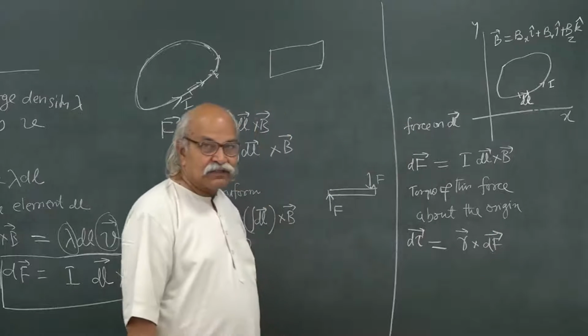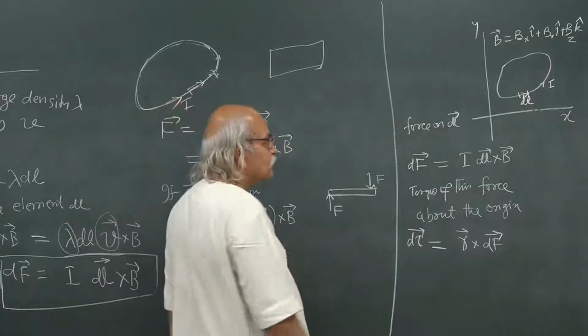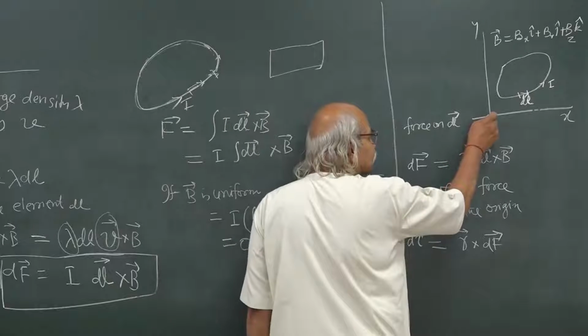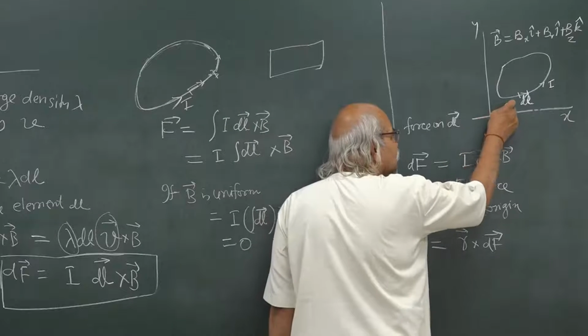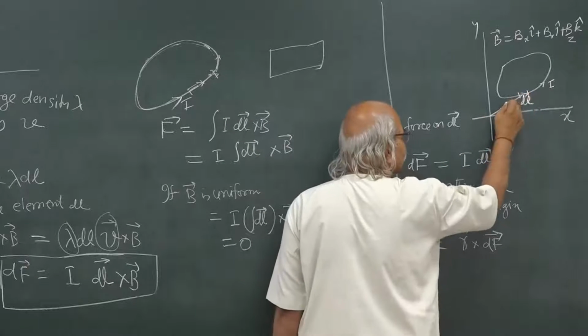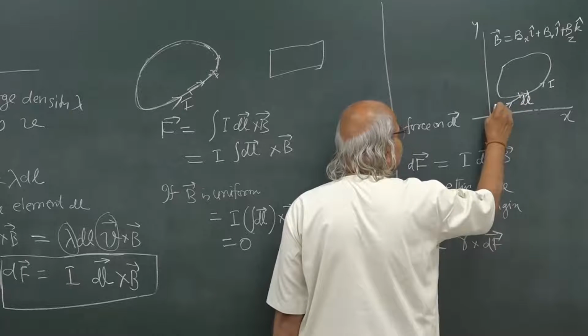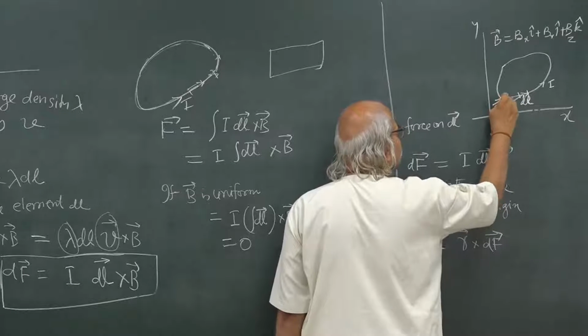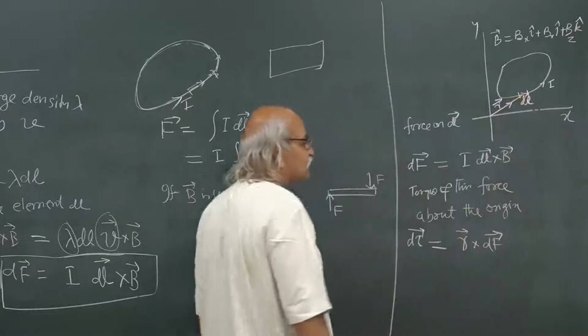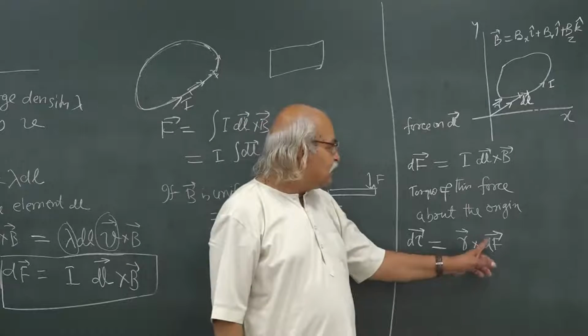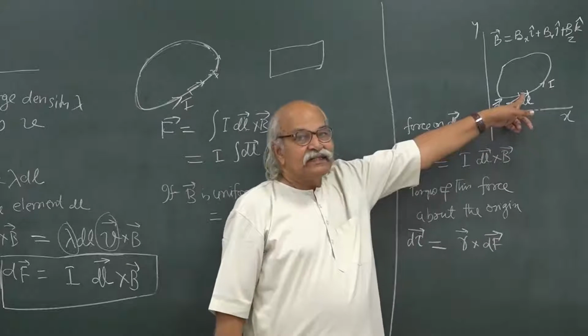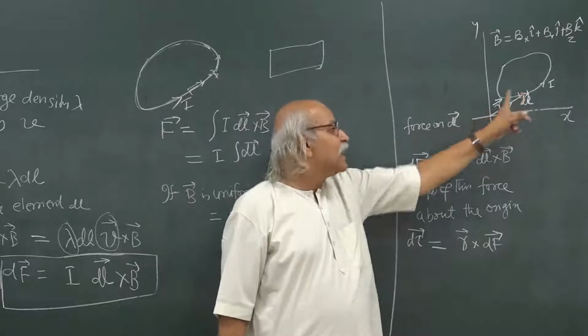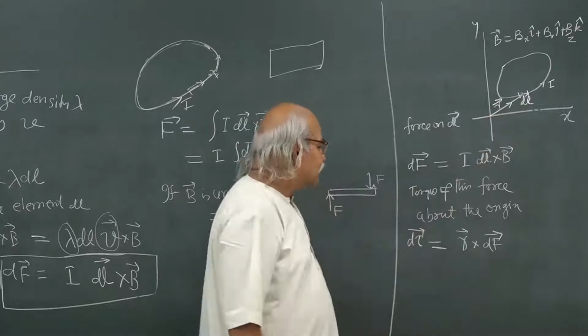That is the definition of the torque. And what is this r? From the origin to that object on which the torque is being calculated. So, this vector is r vector. This vector is a position vector, and this dF is the force which is acting on this element here at the position r.